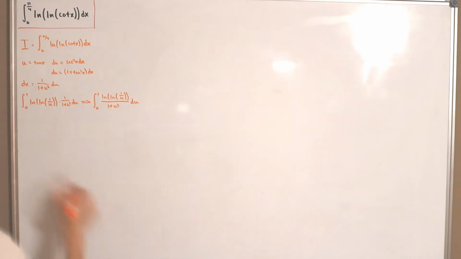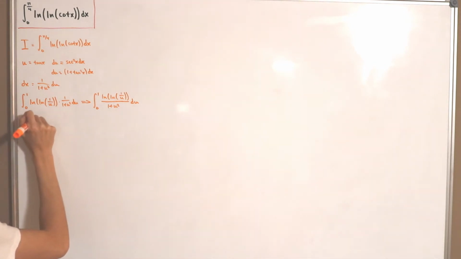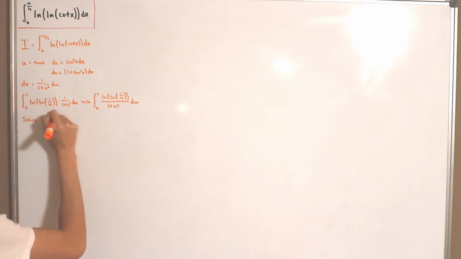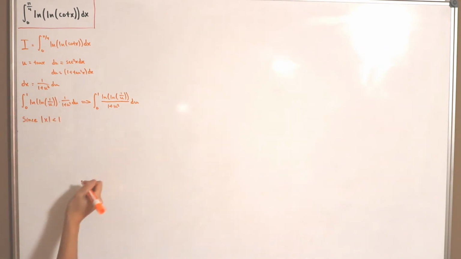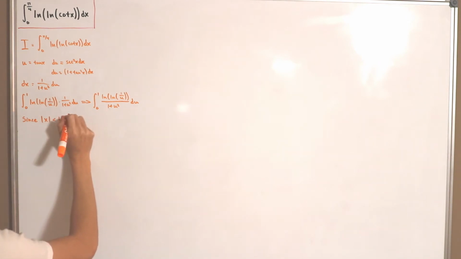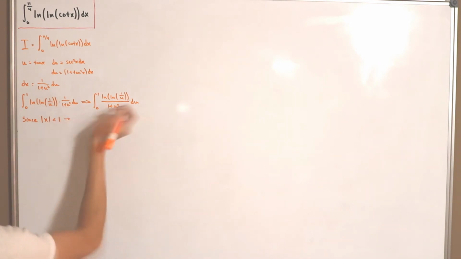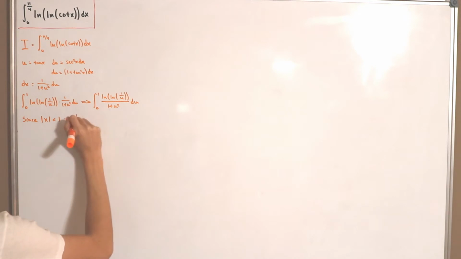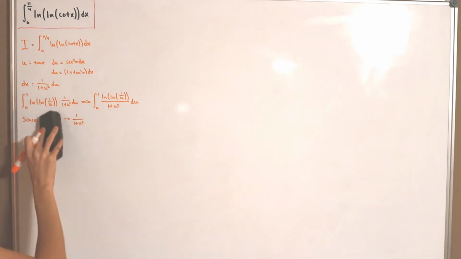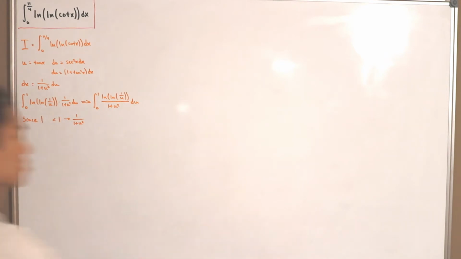Now note that the absolute value of u is less than 1, because that's the bound we're integrating between. Let me replace this x with a u instead.